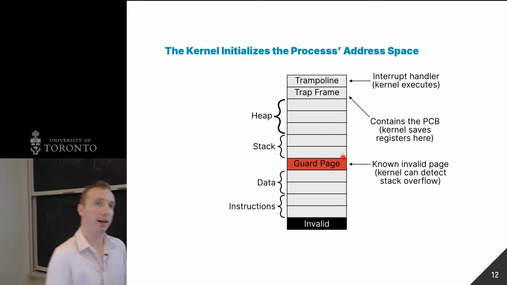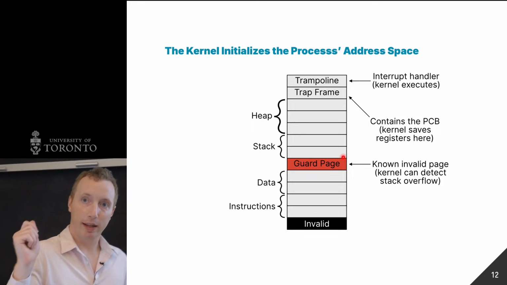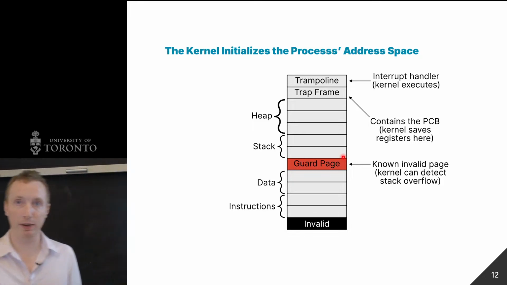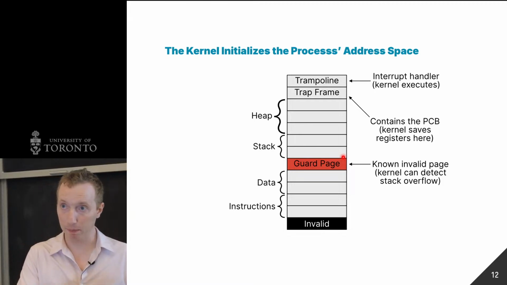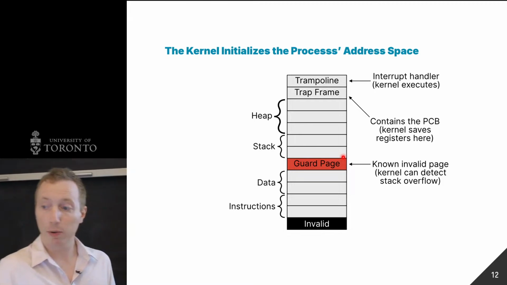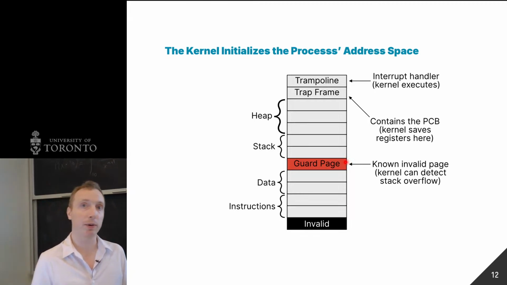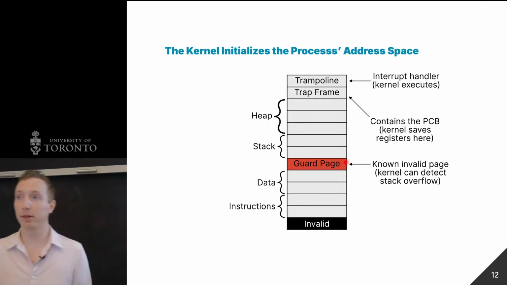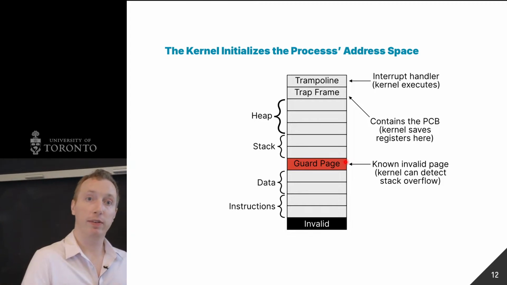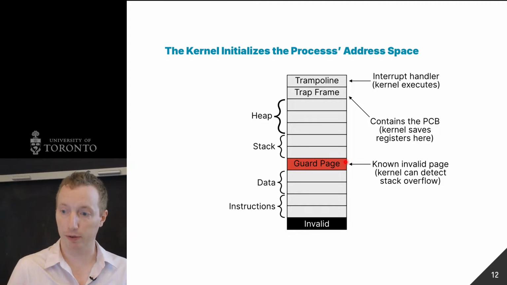And what they do is at the bottom of the stack, they will make something called a guard page. It is just right at the boundary, a known invalid page. If you overflow your stack, it's very likely you will hit this guard page. And because it's a known page, it will just say, stack overflow, you likely overflowed your stack.